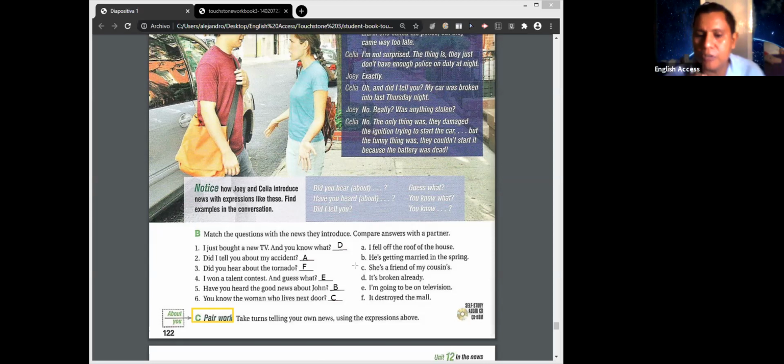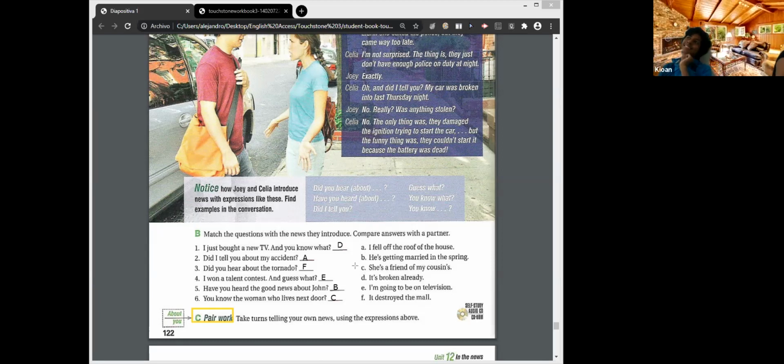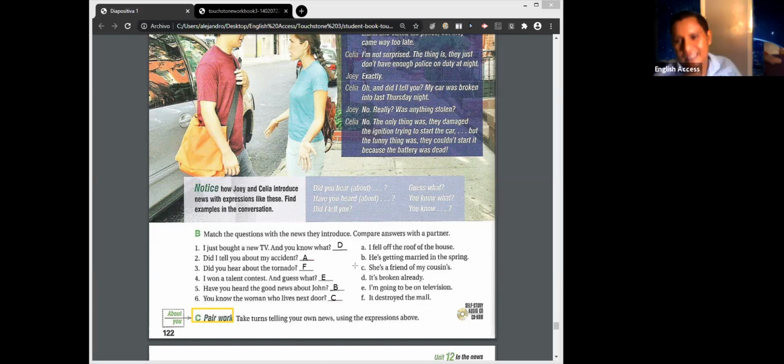Did I tell you that I bought a new cell phone? It's one of the best Huawei's. Really? I think this is a good cell phone.